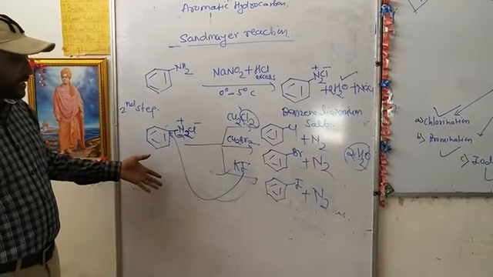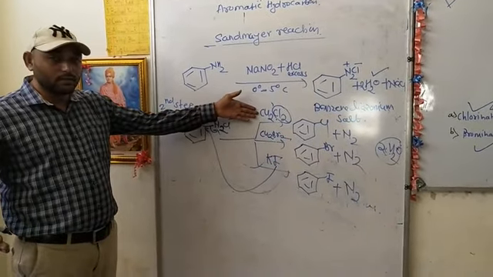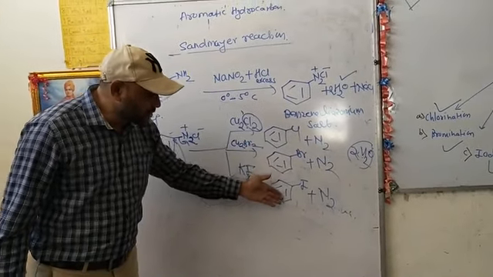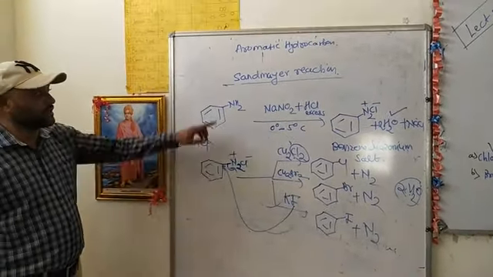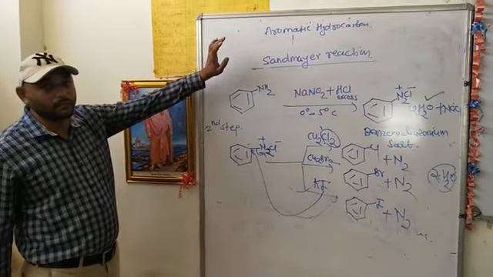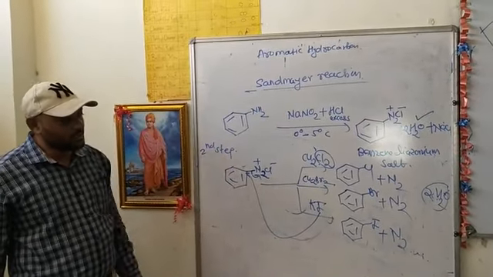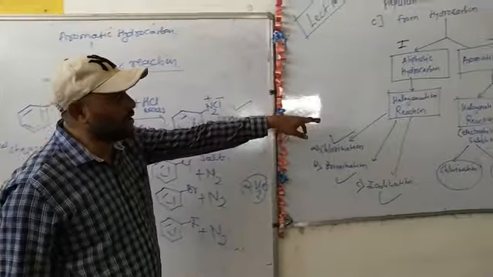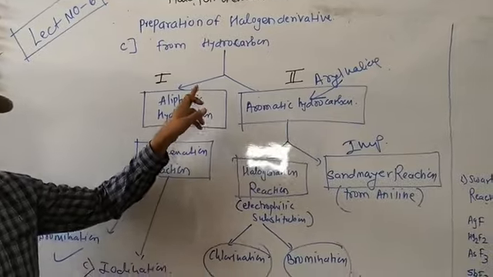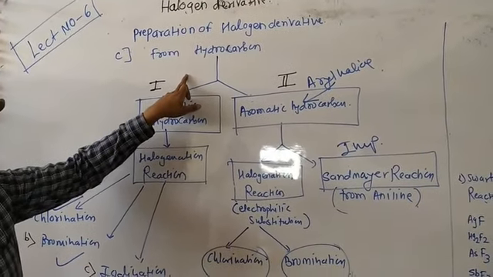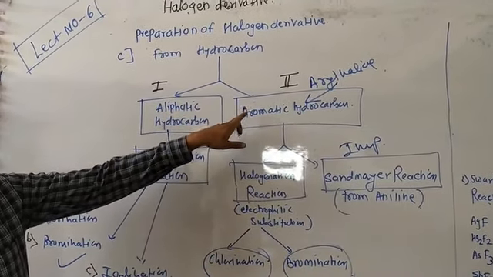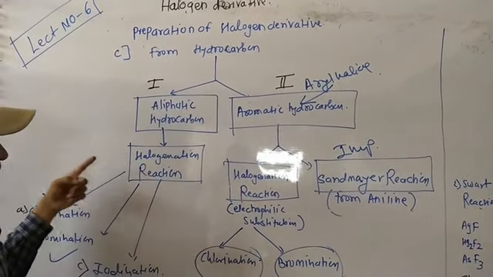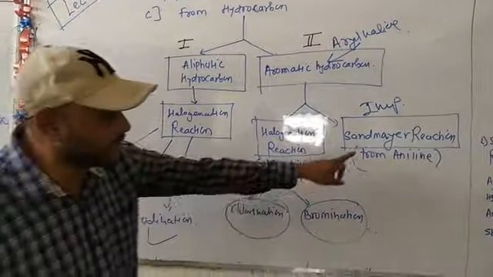So in the second step, you can replace the reagent and obtain chlorobenzene, bromobenzene or iodobenzene. In this way, by the Sandmeyer reaction, we can prepare haloarenes. This is the end of the preparation of alkyl halides and aromatic halogen derivatives by the halogenation reaction and the Sandmeyer reaction.